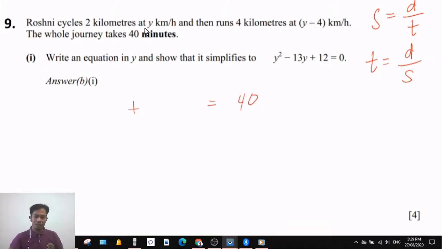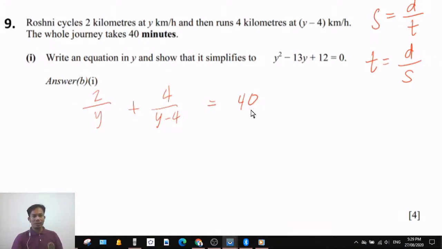Distance is 2 kilometers. What is the speed? It is y. If the distance is 4 kilometers, what is the speed? It is y minus 4. So 2 over y plus 4 over y minus 4. The total time that it takes for the whole journey is 40 minutes.